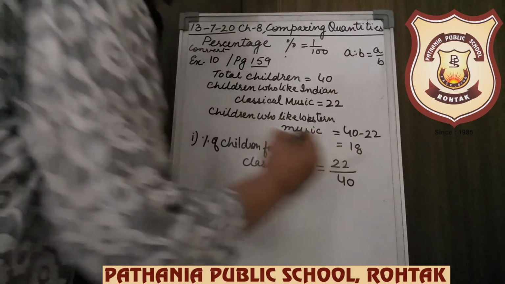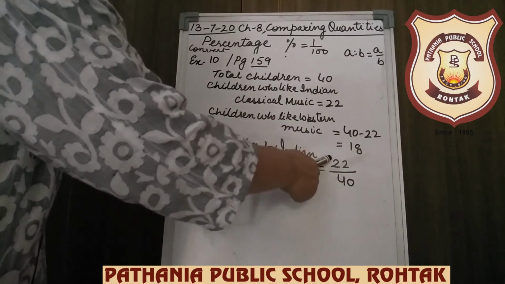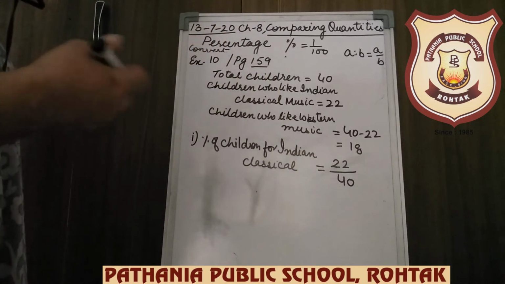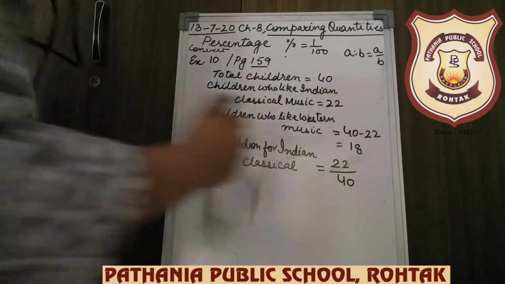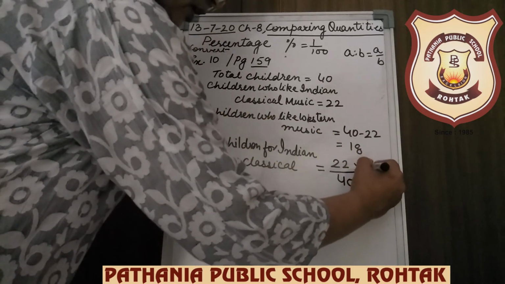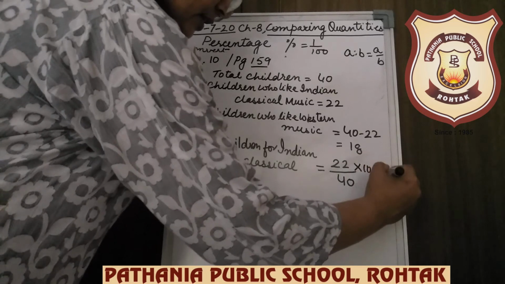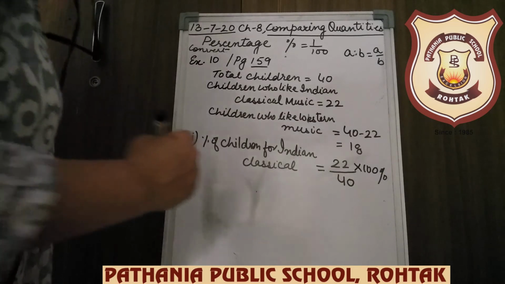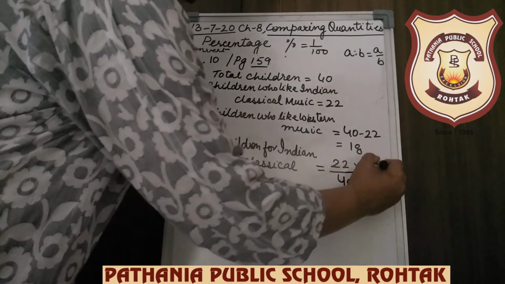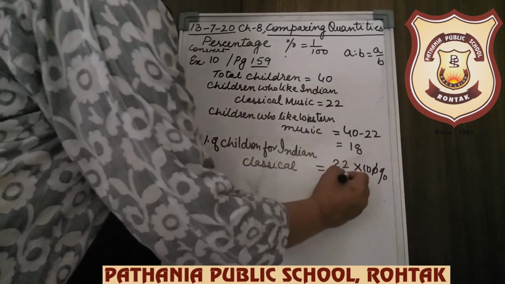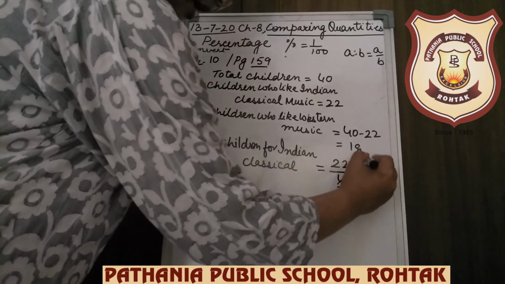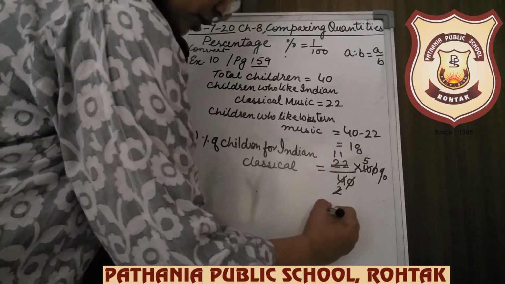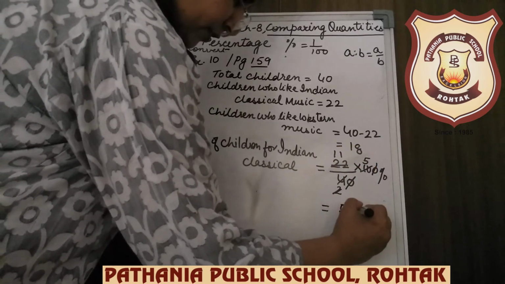Total is 40. So out of 40, 22 children are liking Indian classical. Now you have to convert this into percent. So multiply this with 100%. 0 and 0, they get cancelled. 2 2s are 4, 2 5s are 10, and 2 11s are 22. So this becomes 55%.